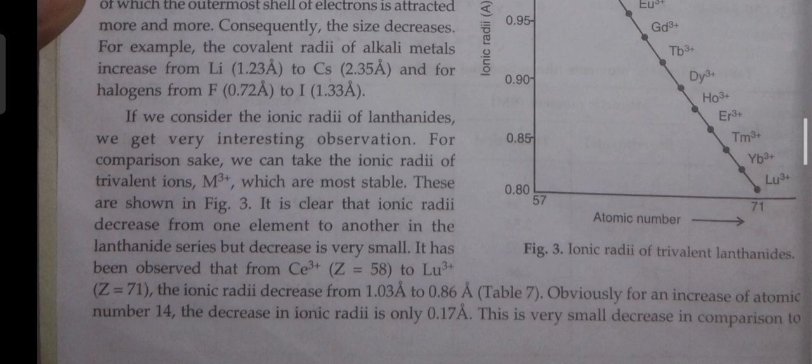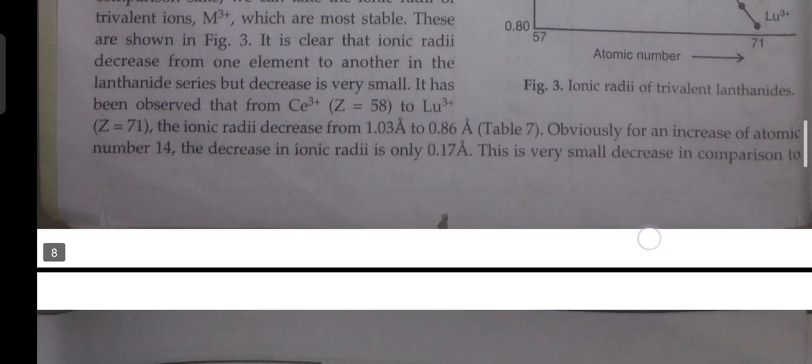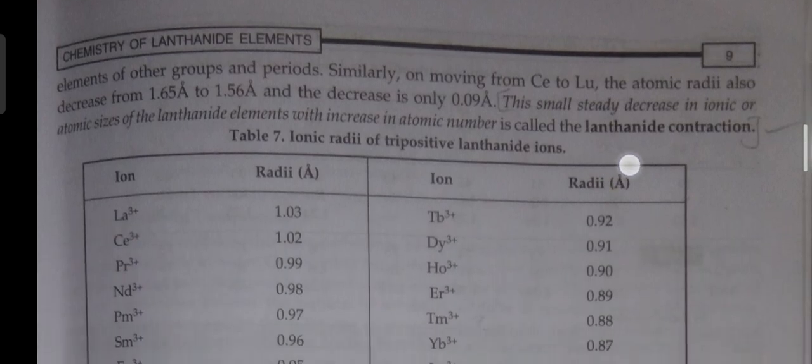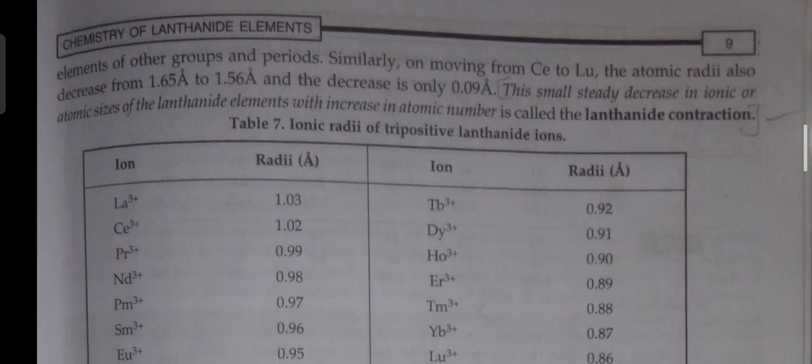Obviously, for an increase of atomic number of 14, the decrease in ionic radii is only 0.17 angstrom. This is a very small decrease in comparison to elements of other groups and periods. Similarly, on moving from cerium to lutetium, the atomic radii also decrease from 1.65 angstrom to 1.56 angstrom, a decrease of only 0.09 angstrom.